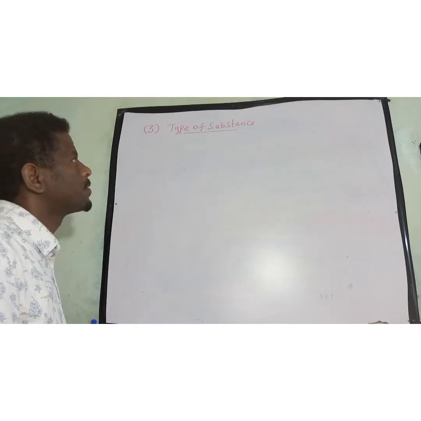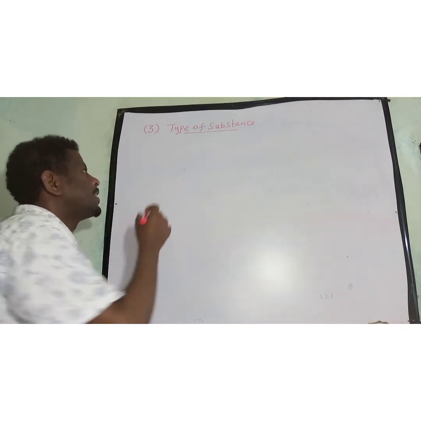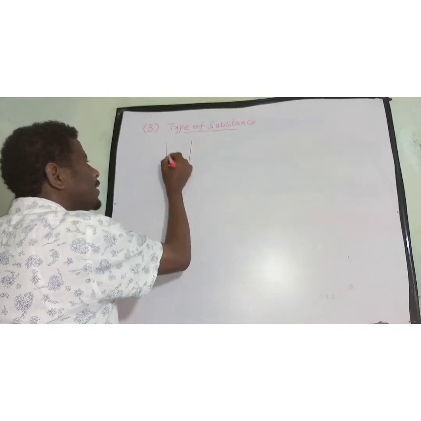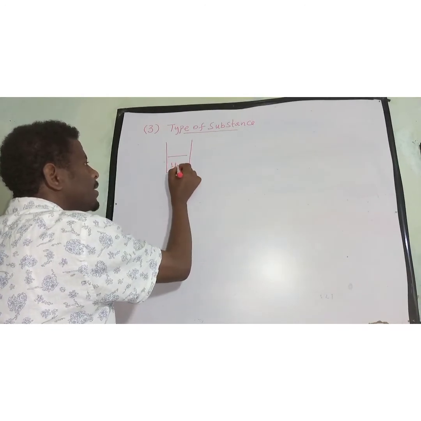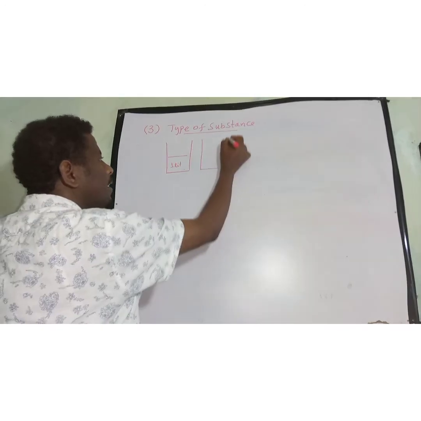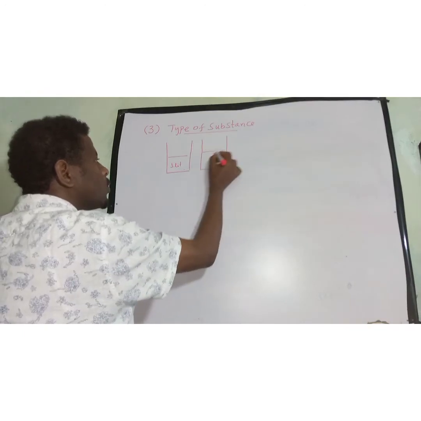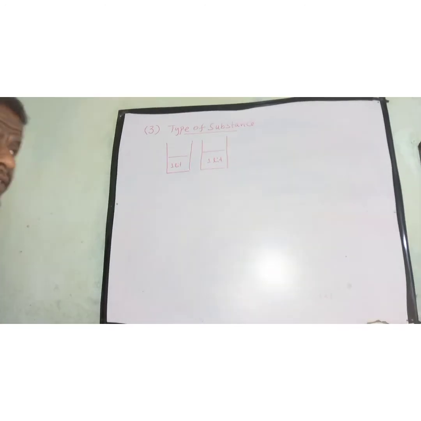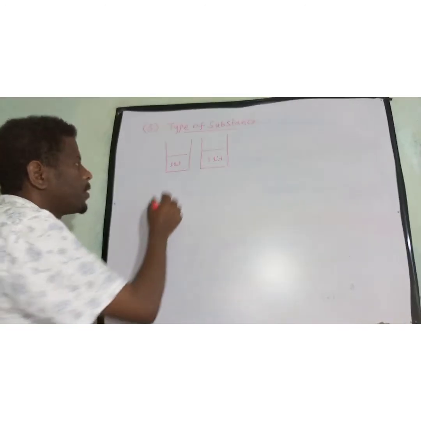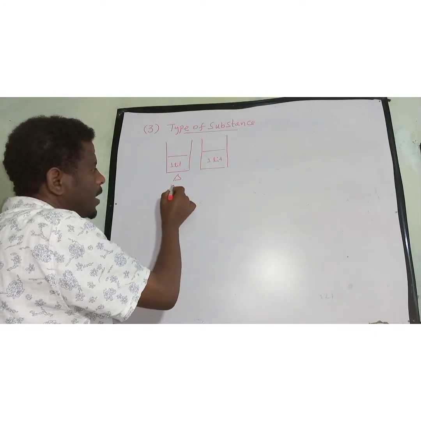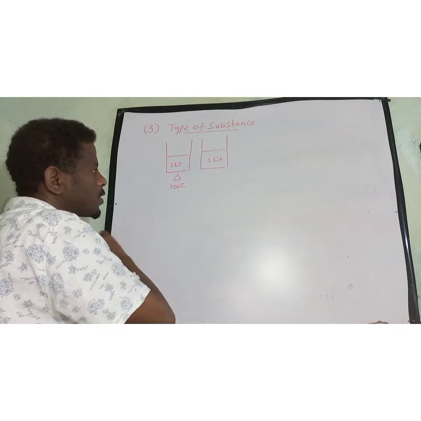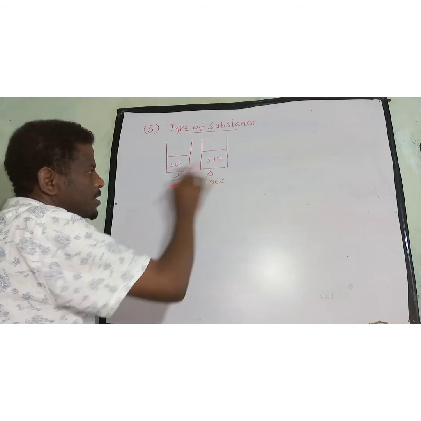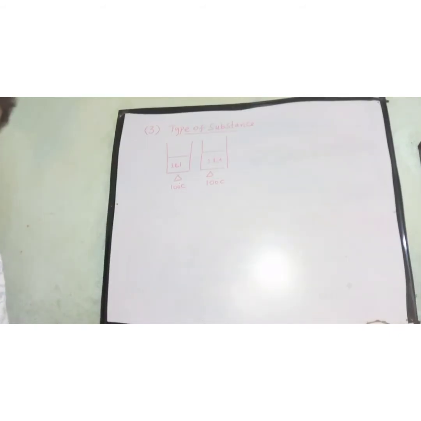The third factor is type of substance. In this case, let's take 1 liter here and 1 liter here again, so mass is fixed, and heat the first one to a temperature of 100 degrees Celsius and the second one also to 100 degrees Celsius, so temperature is constant.